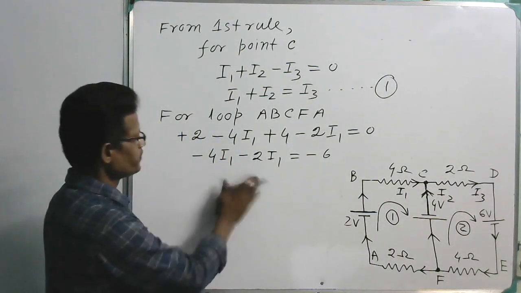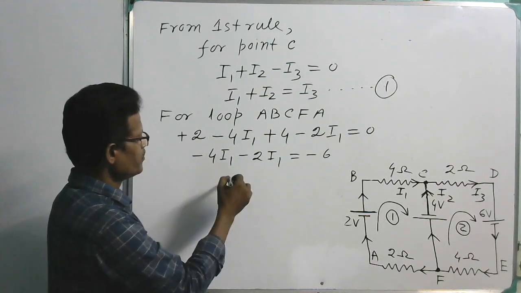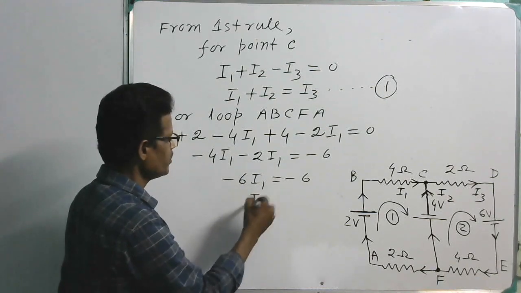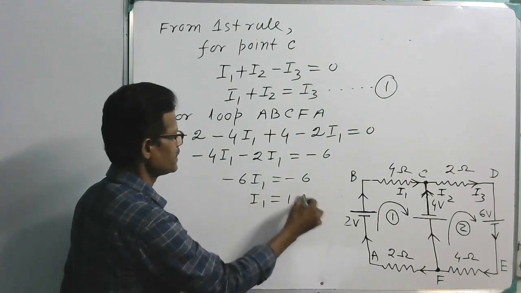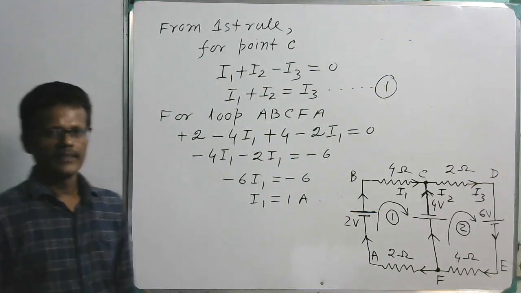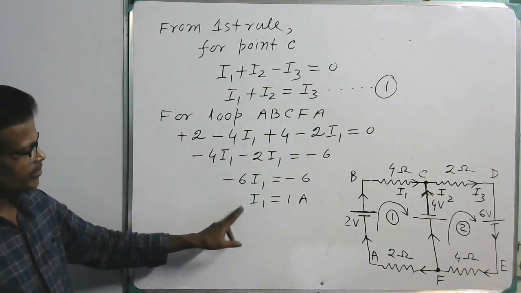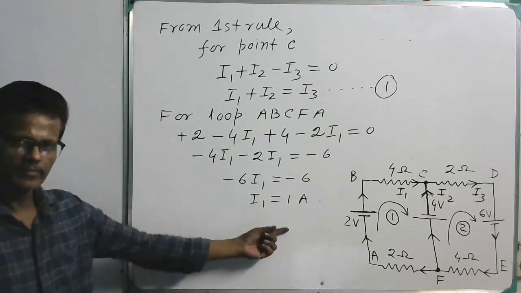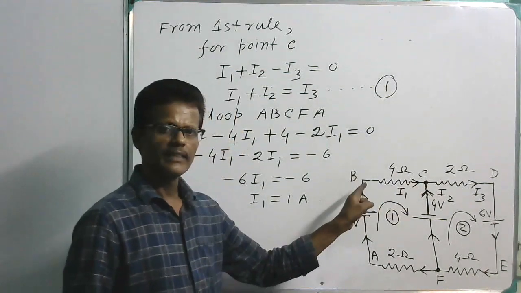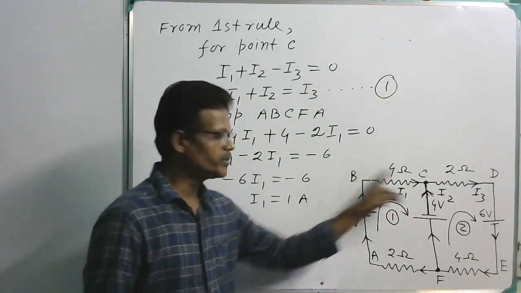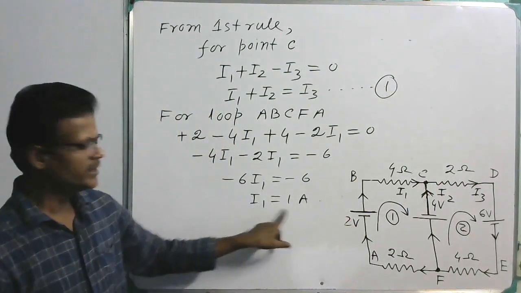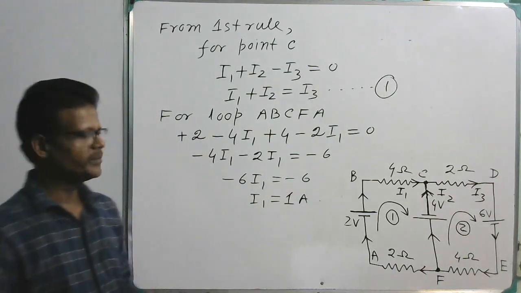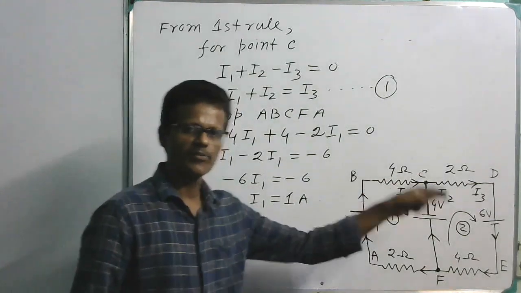So it is -6I1 equal to -6, or simply you have got one value, 1 ampere. So I1 is 1 ampere, and it is positive. So the direction of current flow is from B to C only, because I1 is positive 1 ampere. So your assigned direction was correct.